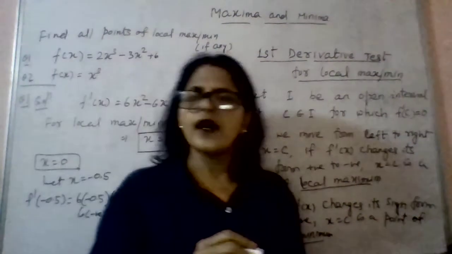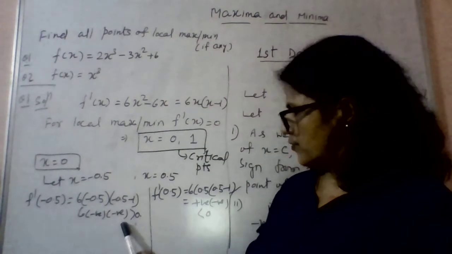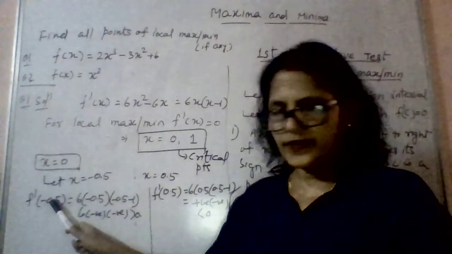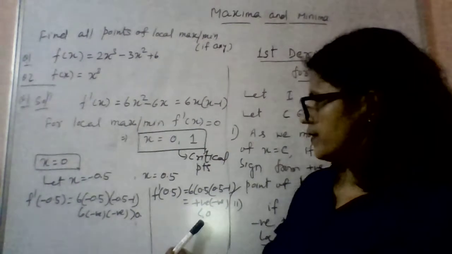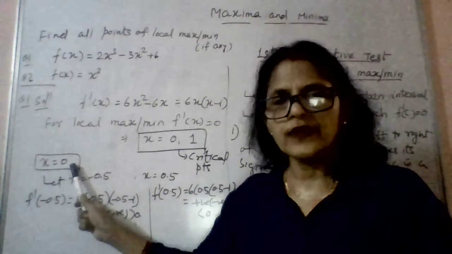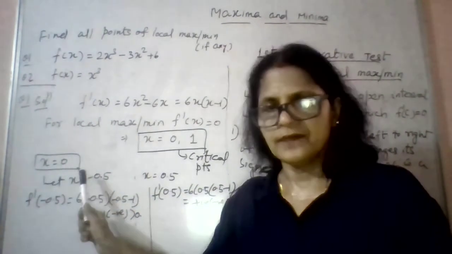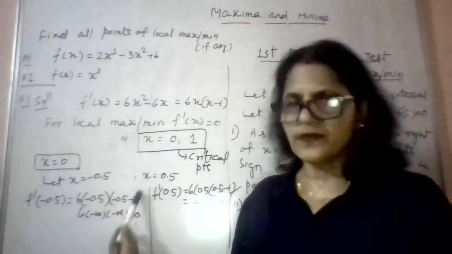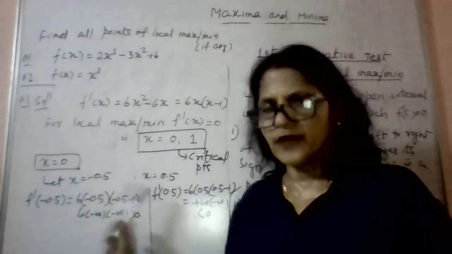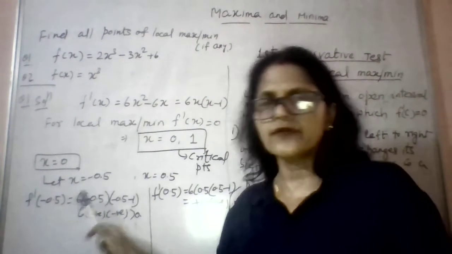So as you move from left to right of x equal to 0, the sign of the derivative changes from positive to negative. It means x equal to 0 is a point of local maximum. Remember you have to follow the sequence, moving from left to right. Do not change the order. You cannot move from right to left.